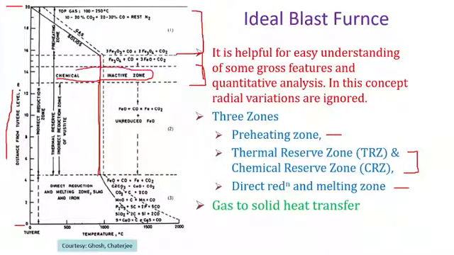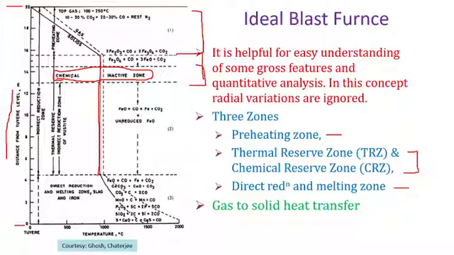The chemical reserve zone is a part of the thermal reserve zone. In the chemical reserve zone, the gas phase has a constant composition, and FeO and gas equilibrium is attained in this zone.